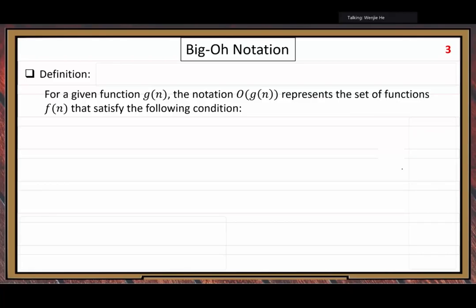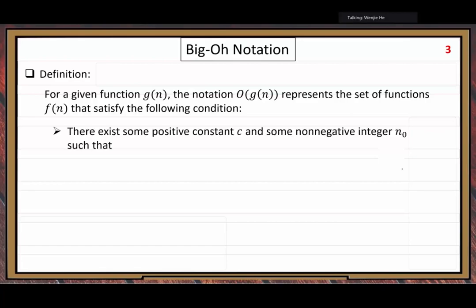First, what set? The set that satisfies the following condition for big O: there exists some positive constant C. Here, we only need to find one constant C, not two, not C1, C2, only one constant C, and some non-negative integer n0.